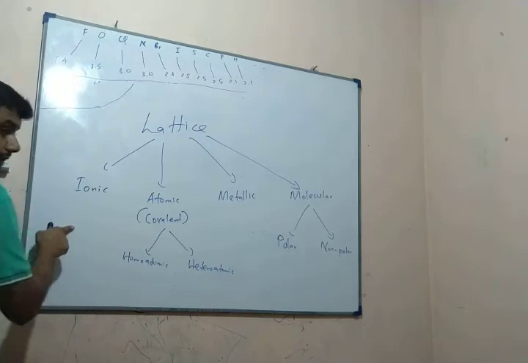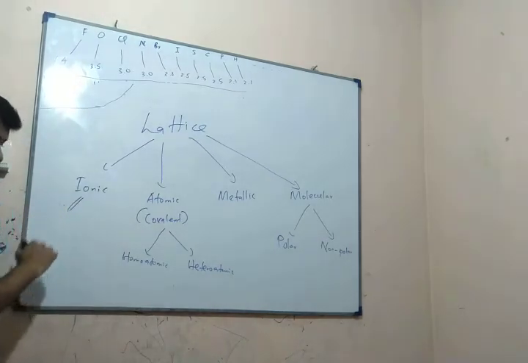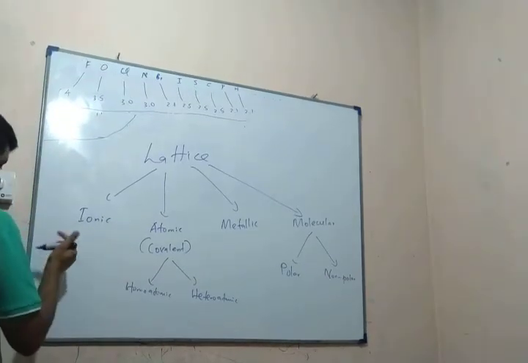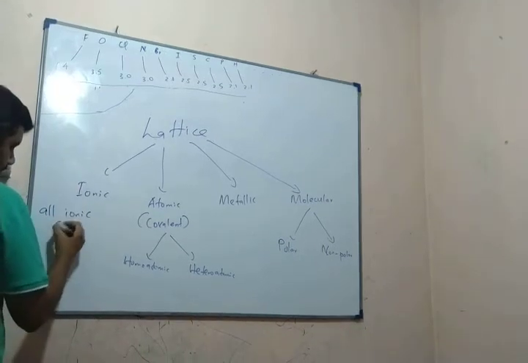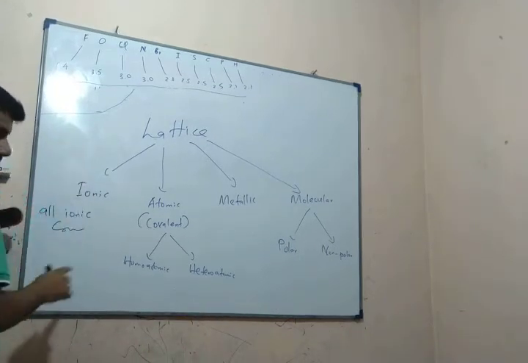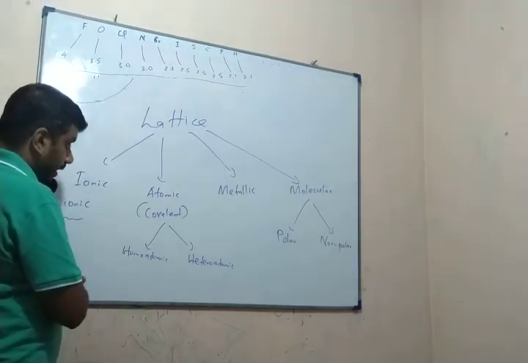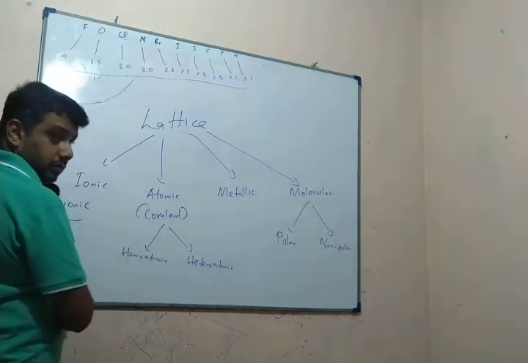Ionic lattice, what's the example? All ionic compounds. Atomic lattice, homo and hetero.